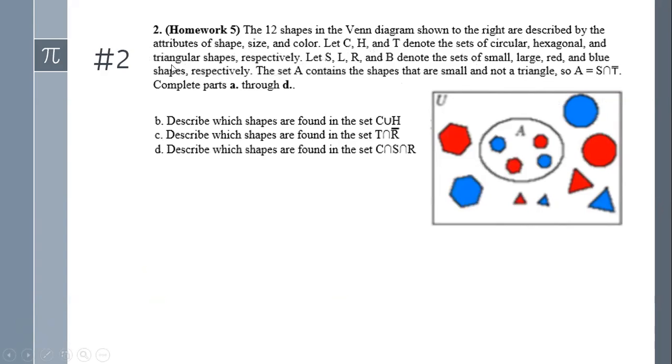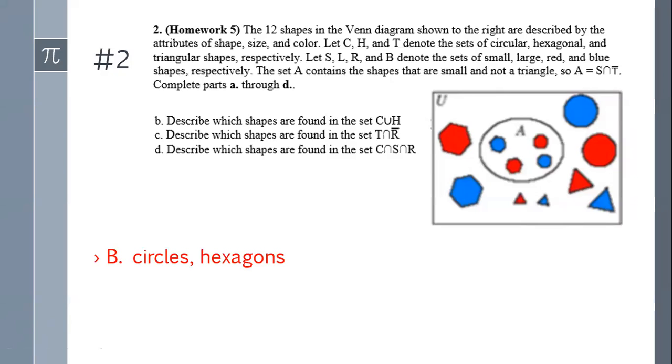So let's take a look at these. We're going to describe shapes that are C union with H. So circular with hexagons. That means all shapes are going to be circular and or hexagons. Circles, hexagons. Woohoo!